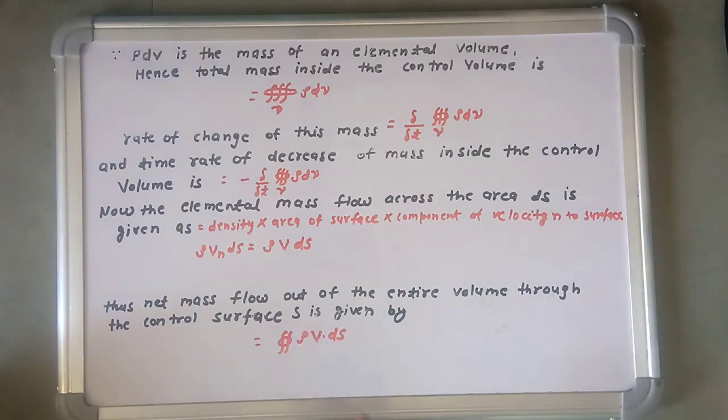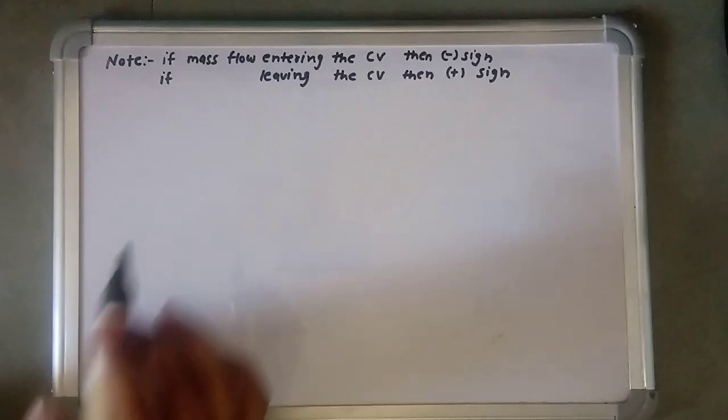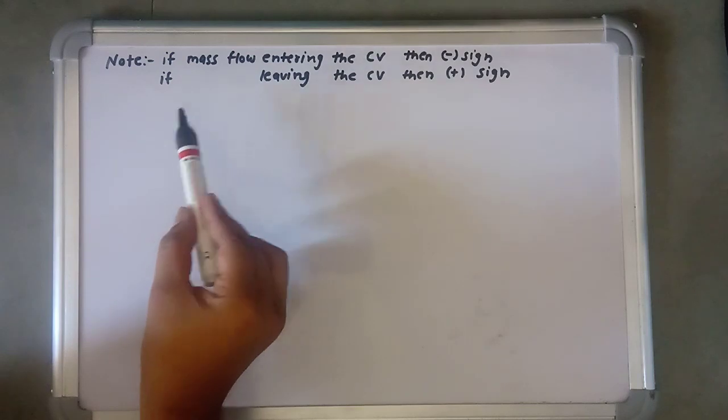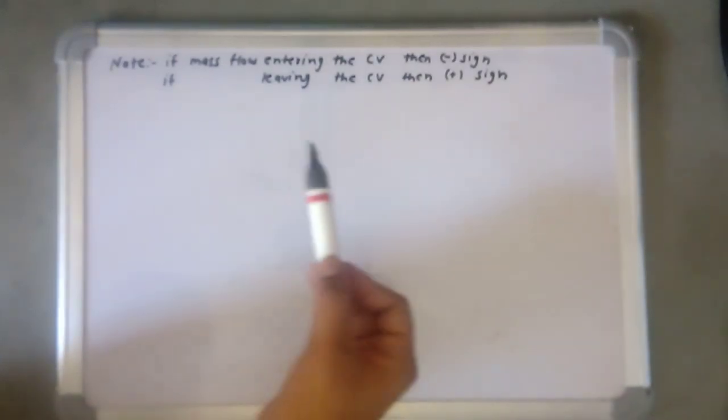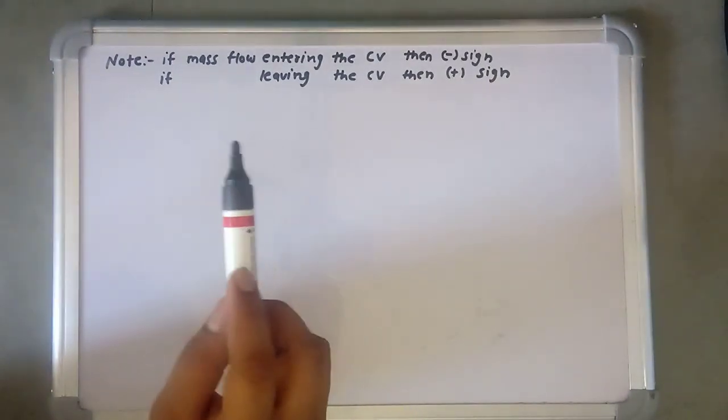Here V is the velocity of the flow. Note that if mass flow is entering the control volume then take the negative sign, and if mass flow is leaving the control volume then take the positive sign.